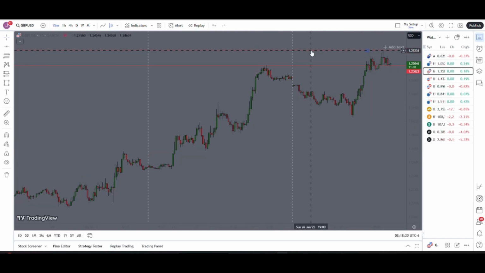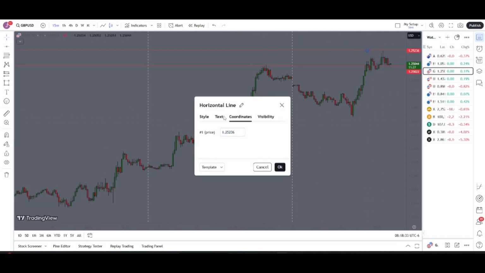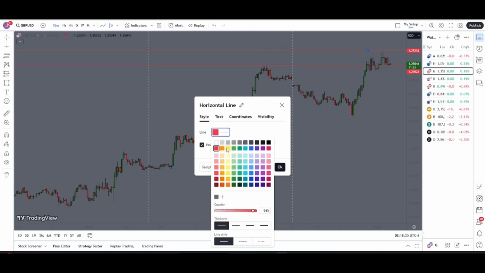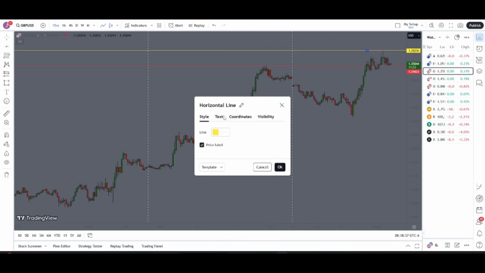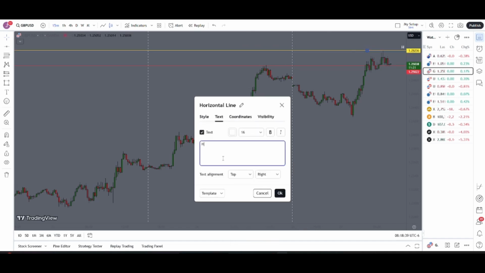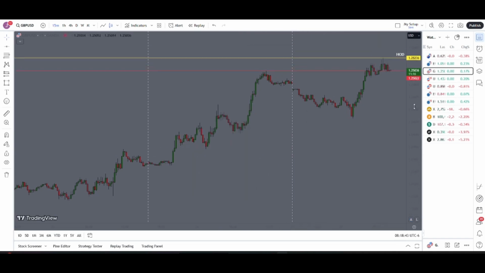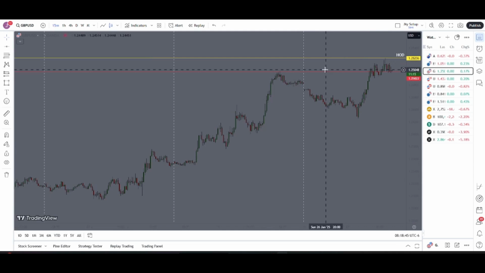So I make this yellow and I'll put high of the day. Okay, cool. So that's the high of the day. Once I get a close below this high, I'll be interested in taking some sales, right?